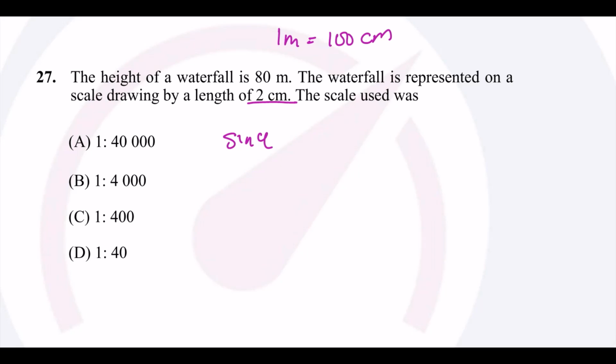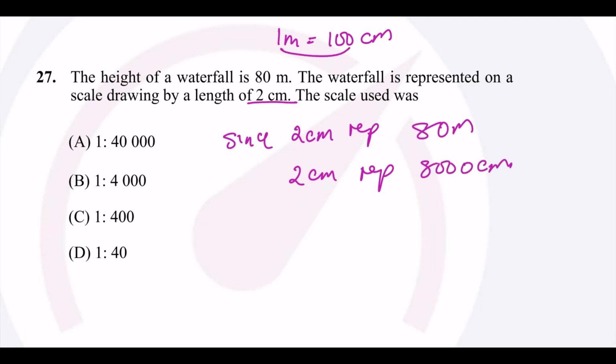Since 2 centimeters represents 80 meters, then 80 meters in centimeters is 8,000 centimeters, because 1 meter is 100 centimeters, so we multiply by 100 and get 8,000. So therefore we have 2 to 8,000.